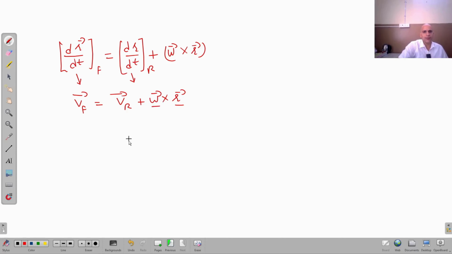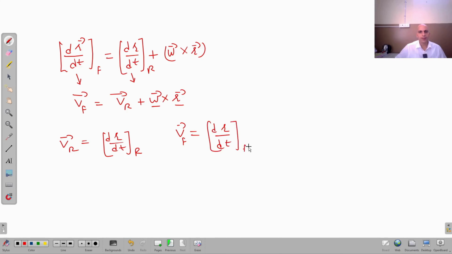Now I'm going to take the velocity with respect to the rotating observer. V rotating is equal to dr upon dt with respect to the rotating observer. And similarly, V fixed is equal to dr upon dt fixed.